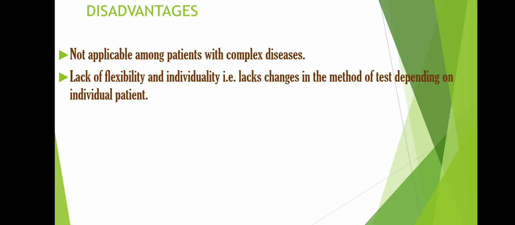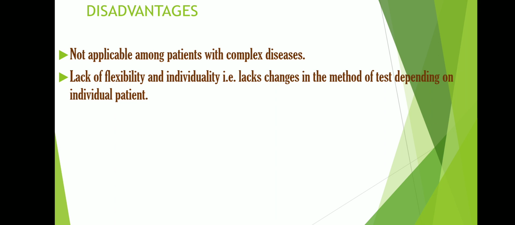Then lack of flexibility and individuality, that is, a lack of changes in the method of test depending on the individual patient. You can't make your diagnostic test individual, according to the person. For example, there is a set of tests mentioned which are to be performed for detecting any abnormalities, like the urinometer, which is for testing the specific gravity or density of the urine.